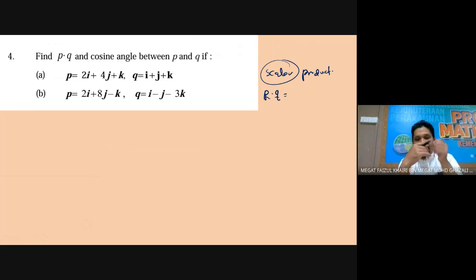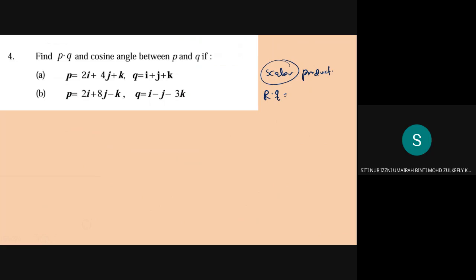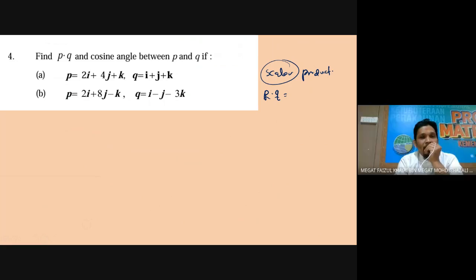Hello, anyone? What is the formula of the scalar product?